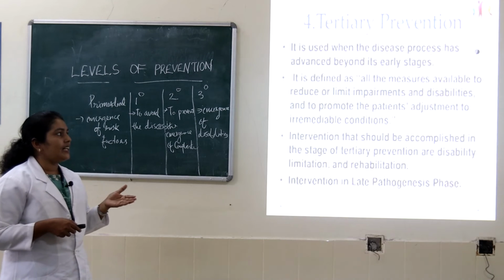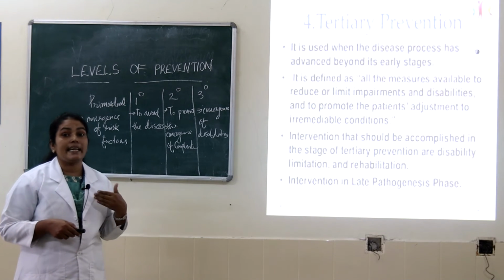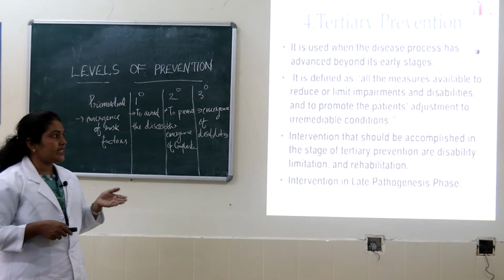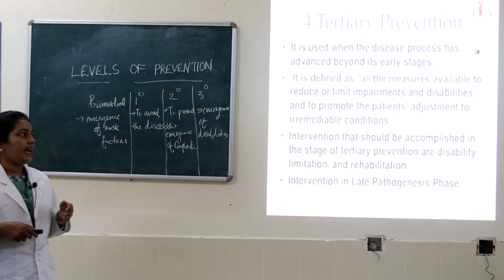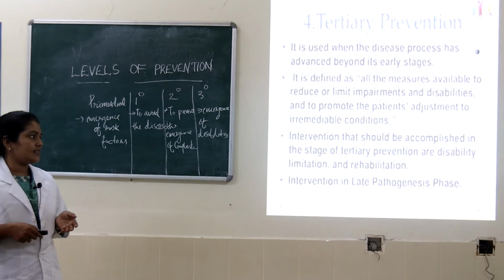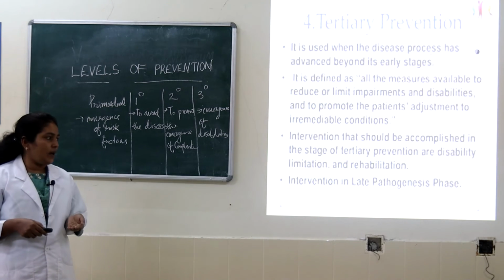So at this level, the main interventions include disability reduction and rehabilitation. Tertiary prevention is defined as all the measures available to reduce or limit impairment and disabilities and to promote the patient's adjustment to irremediable conditions. So the interventions include disability limitation and rehabilitation.